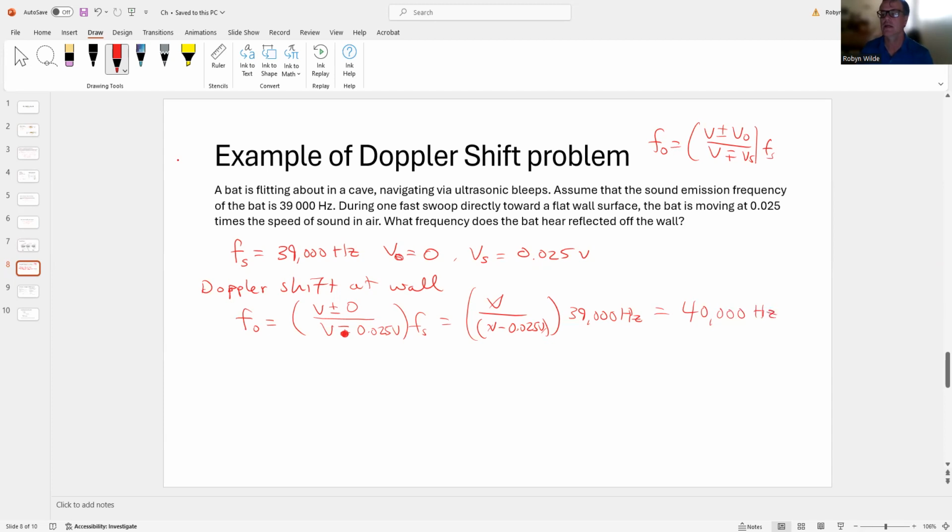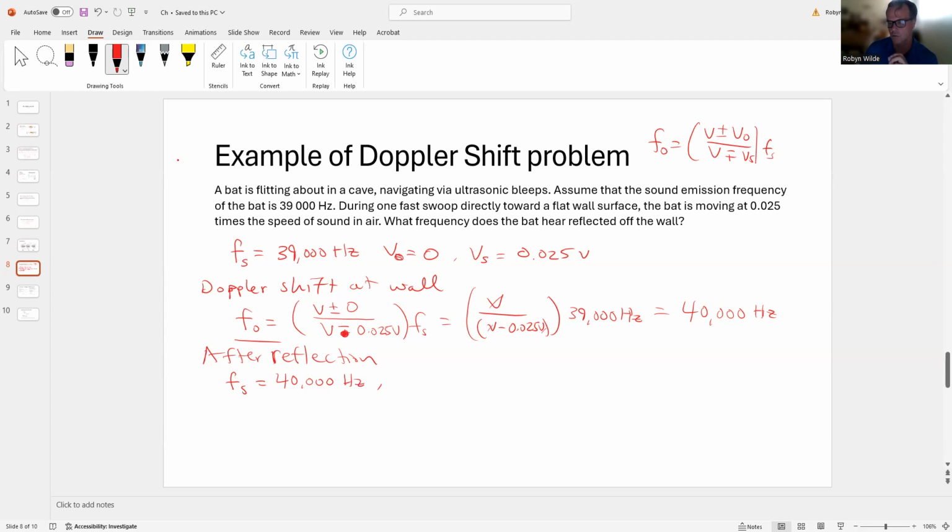So this is the frequency received by the wall, but there's a second part. The wall will now reflect the wave back to the bat. So after reflection, what we want is the frequency heard by the bat. Now the source frequency is that reflected off the wall, the 40,000 hertz.